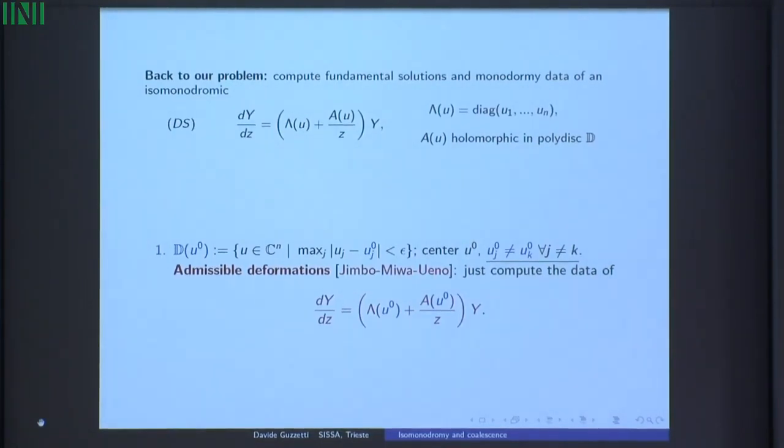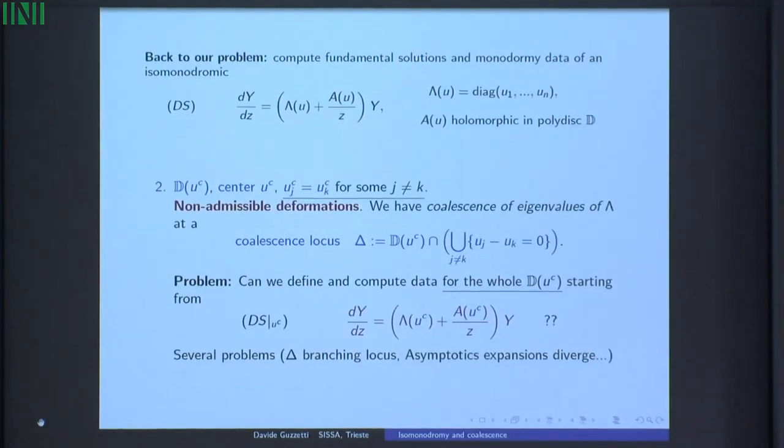And we know that if you want to compute the monodromy data of the starting system, it's enough to compute the data of the system in one point, because they are locally constant. For example, if we take this polydisk where the eigenvalues are distinct, and so also the center of the polydisk has different coordinates, just take your system in the center of the polydisk and compute the monodromy data.